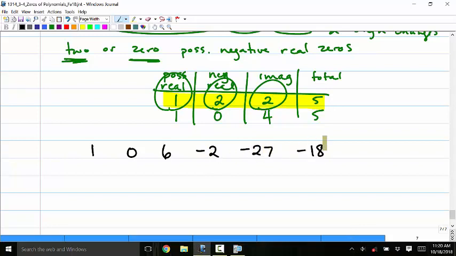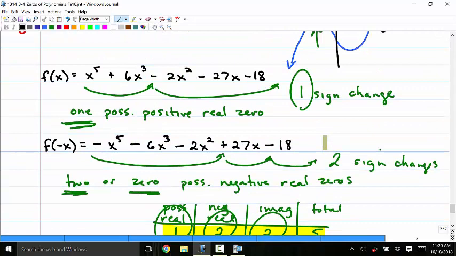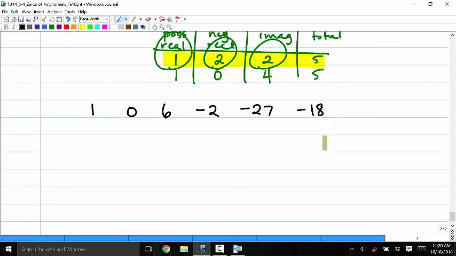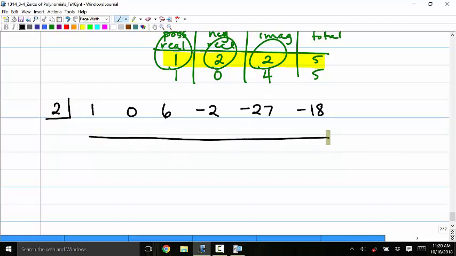Is that right? Yep. And I want to do 2 as my 0. All I did was put the coefficients of my polynomial and my 0. Go do it.